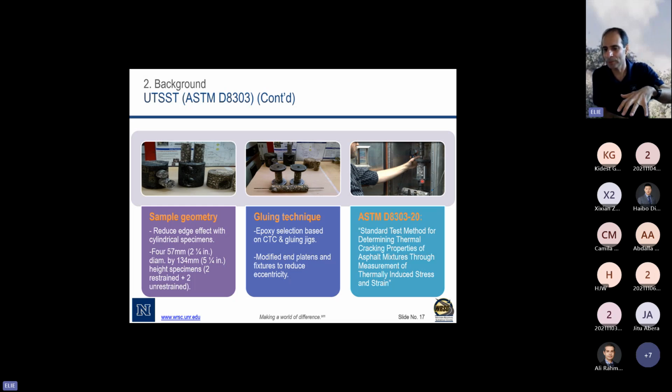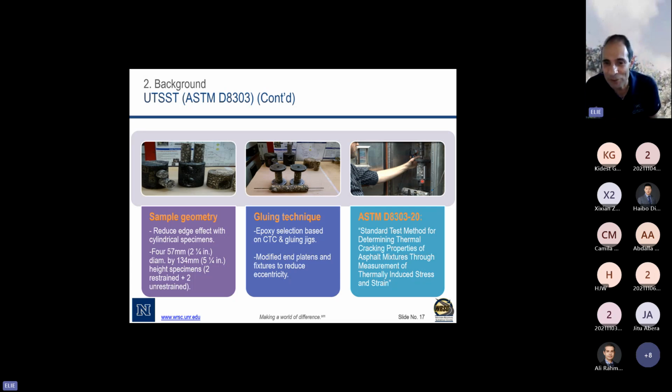But now what we're doing, we're saying, nope, we're not going to let you move. We're going to restrain the movement. By restraining the movement, what's going to happen? You're going to end up with the opposite effect, and you're going to end up with thermal stress in the specimen. So you're going to see that thermal stress build up until a point where the specimen is going to give up and it will fracture.